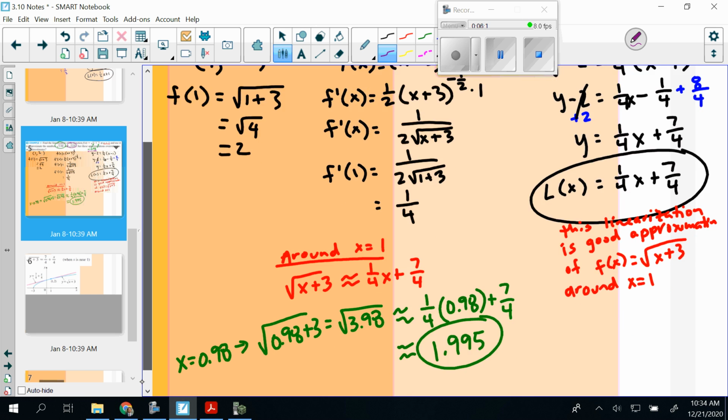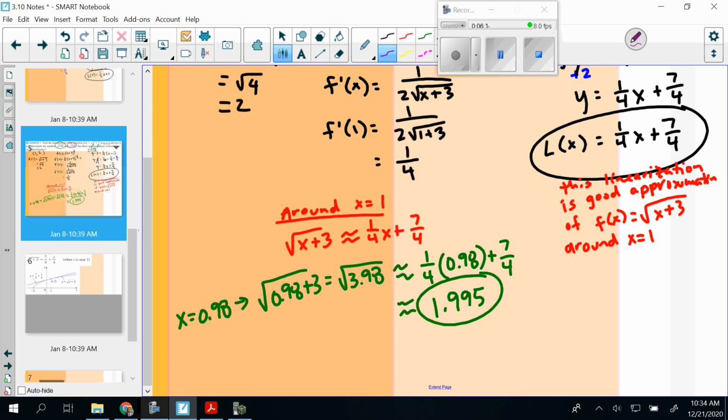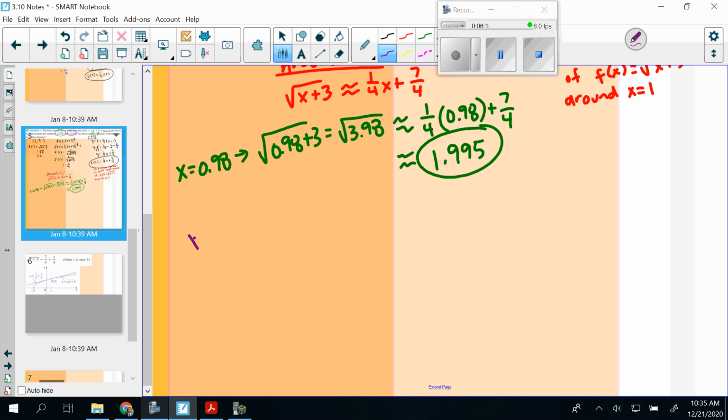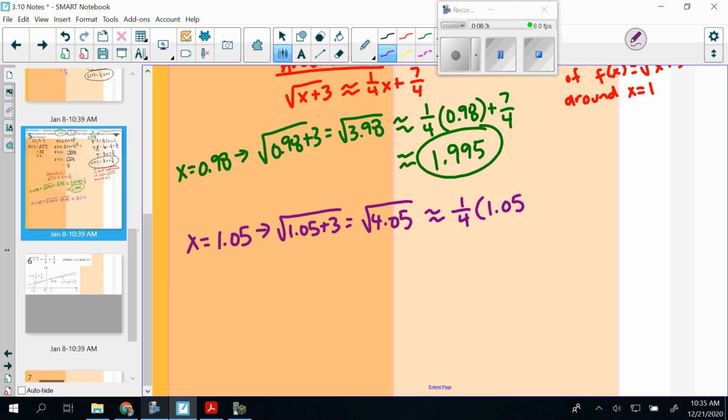So to do our other approximation, we're going to let x equal 1.05, because then if we add that to 3, that's going to be square root of 4.05. And that should approximately be equal to our linearization at 1.05.